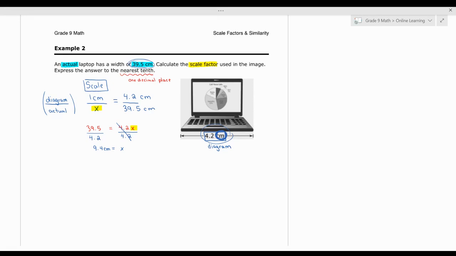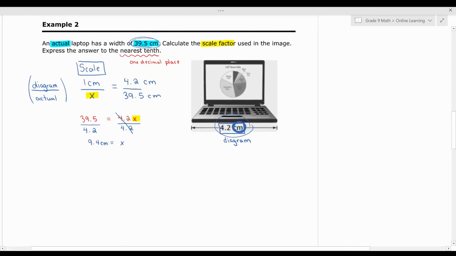Now, the common error on a question like this is that students will think that 9.4 is actually the answer. So they'll try and say that that's the scale factor. But if you look back at the way we set this up, we said that this was our scale. So 1 centimeter is representing some amount of centimeters in our actual.